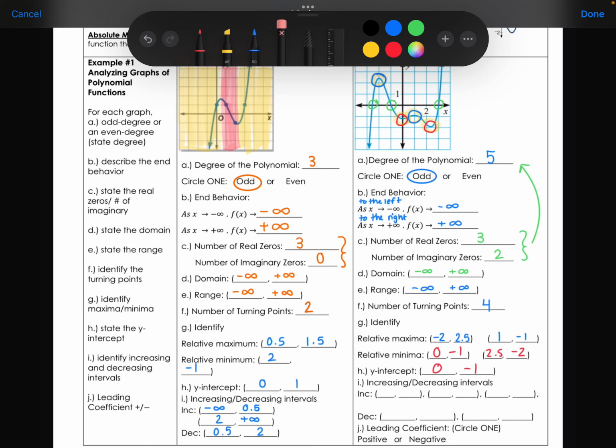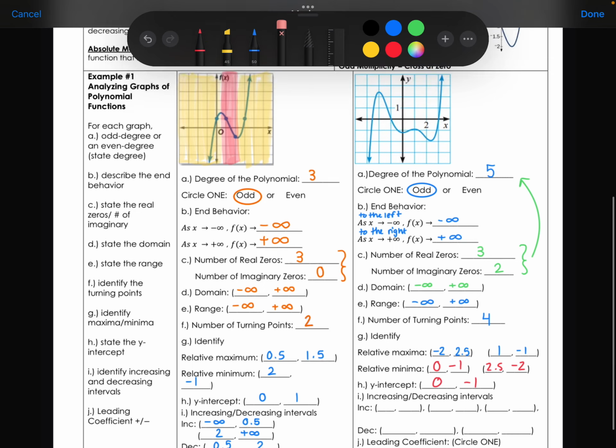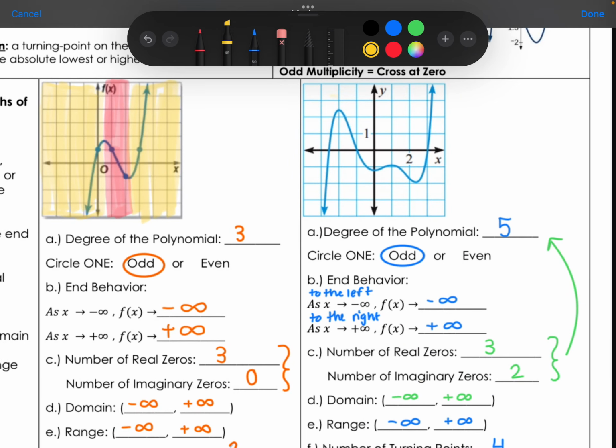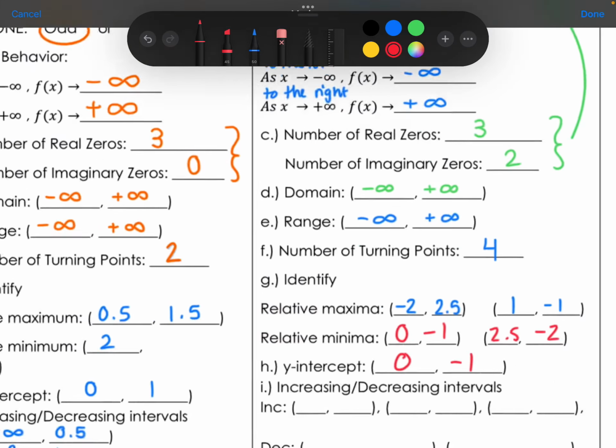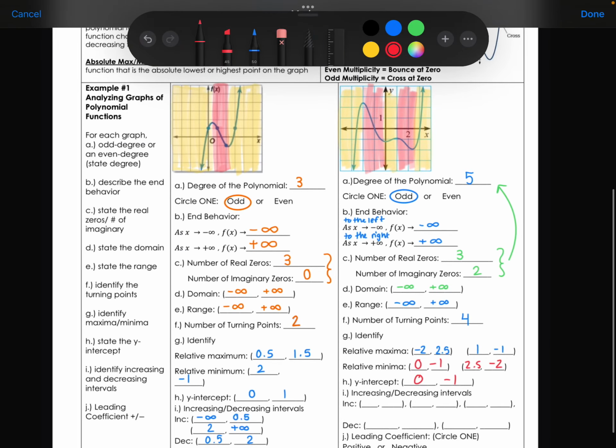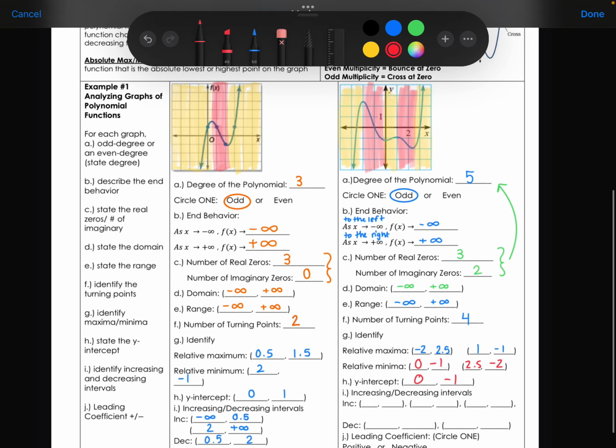And then our increase-decrease intervals, of course. So we're increasing here, and then we increase a little bit here and here. And then everything in between is decreasing. Now there could be constant intervals in functions as well, so look out for that, but not in this case. So it looks like we're increasing from negative infinity to negative 2.